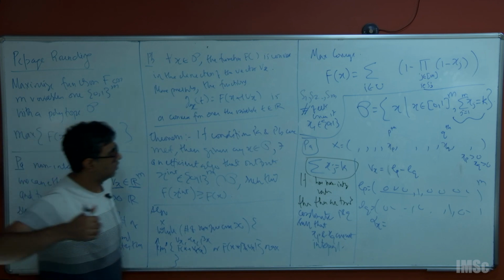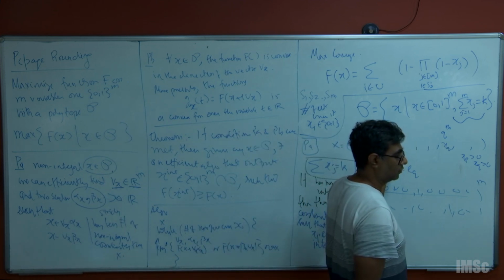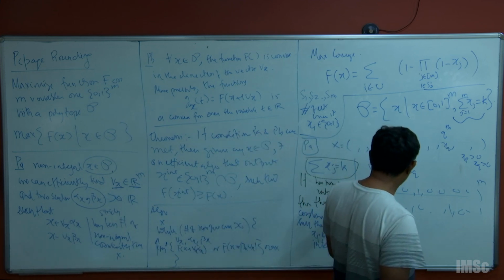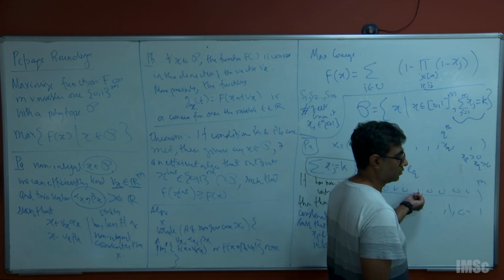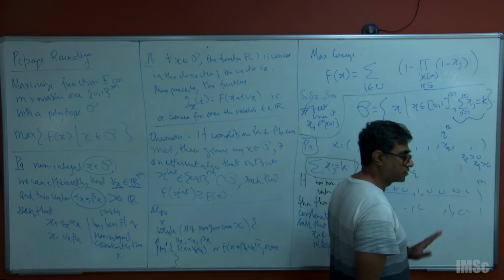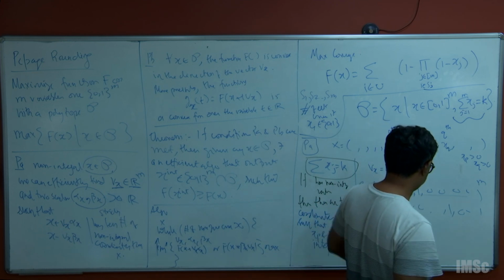No, Sushmita, p is a coordinate. What is EP? EP is this vector, it has one at the pth coordinate. So it's a standard vector, not a characteristic vector. Sorry, yeah, it's a standard vector.